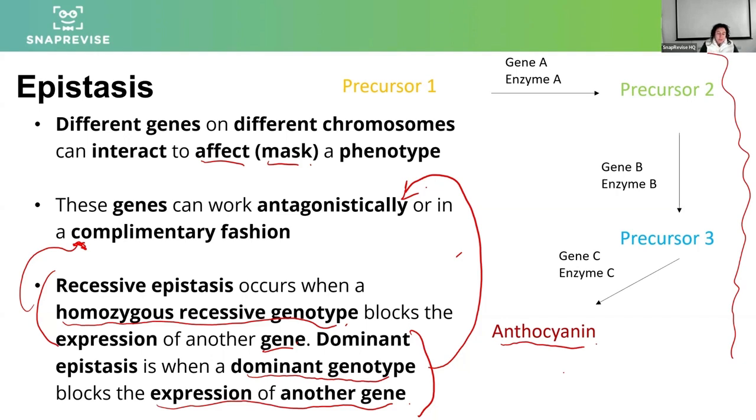It exists as a precursor, which is converted by an enzyme coded for by a gene to another precursor. You don't need to know the intermediate names. Yet another gene that codes for another enzyme converts it into a third precursor. Yet another gene converts it into its final form, which is anthocyanin.